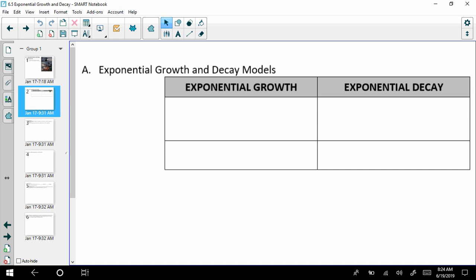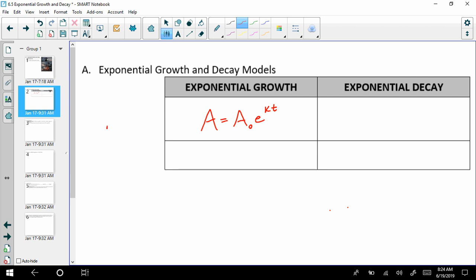So, quick review: if we're dealing with exponential growth, for our application purposes today, we're going to write it in this form. Notice this formula looks very similar to the PERT formula that we talked about at the beginning of this unit.